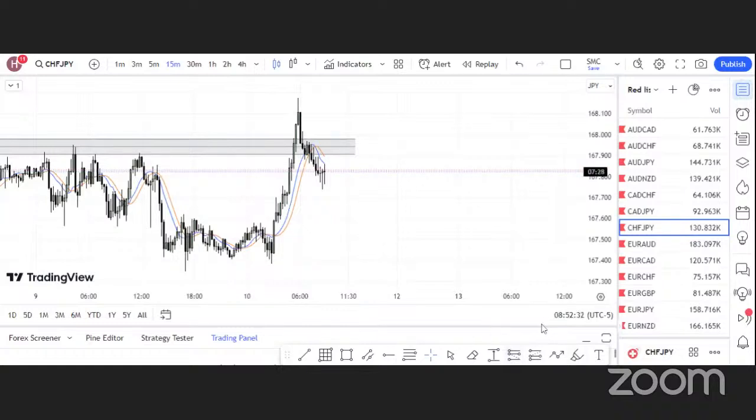Let's look for another entry, trade entry.